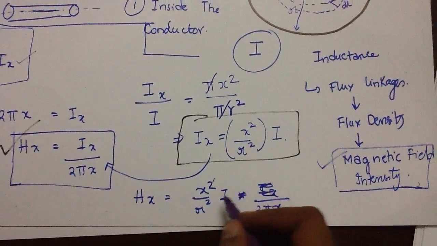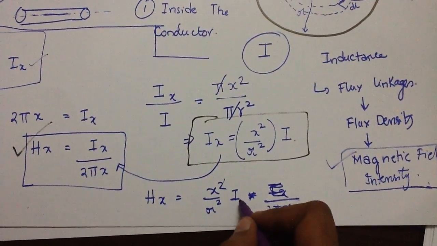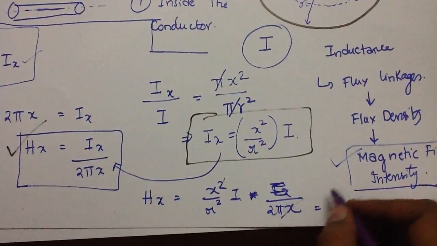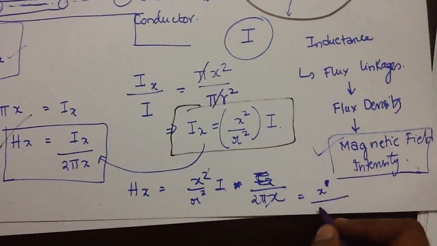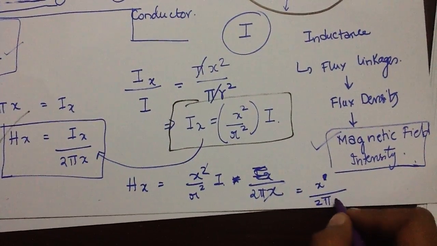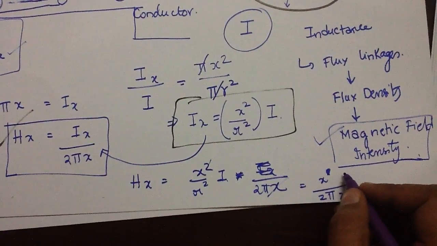So yeah, which is equal to x square by r square into I by 2 pi x. So what we get is x by 2 pi r square into I.